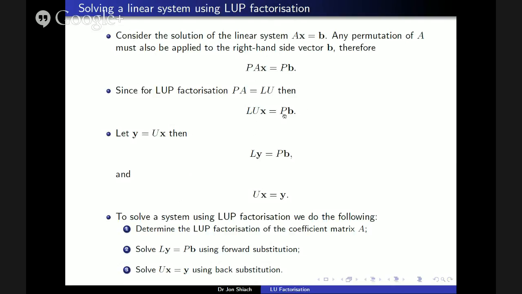If I let Y equal Ux and substitute that in, instead of Ux I have Y, so I can solve this equation for Y. This is my lower triangular L times some vector Y equals P, which I've calculated, times B. Once I've got Y, I calculate x by solving Ux equals Y. Okay, so we're going to have a look at that now.